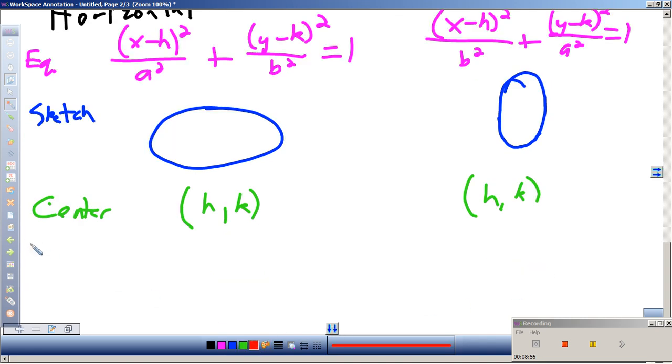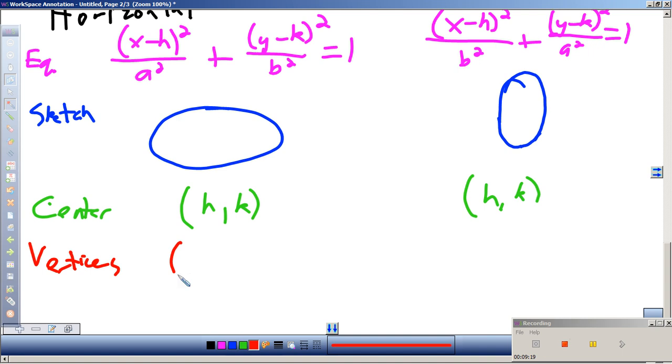Then we're going to talk about the vertices. How far are the vertices from the center? A units. If it's a horizontal one, are they changed vertically or horizontally from the center? Horizontally.